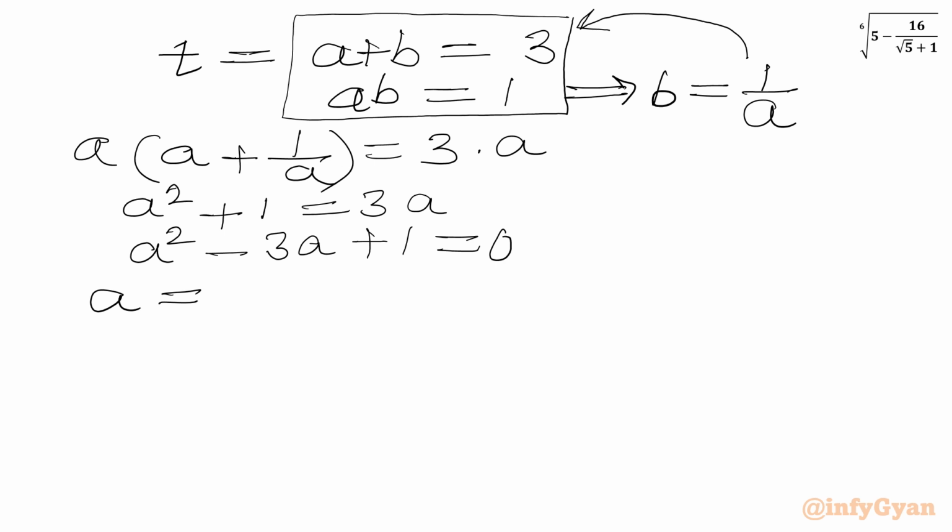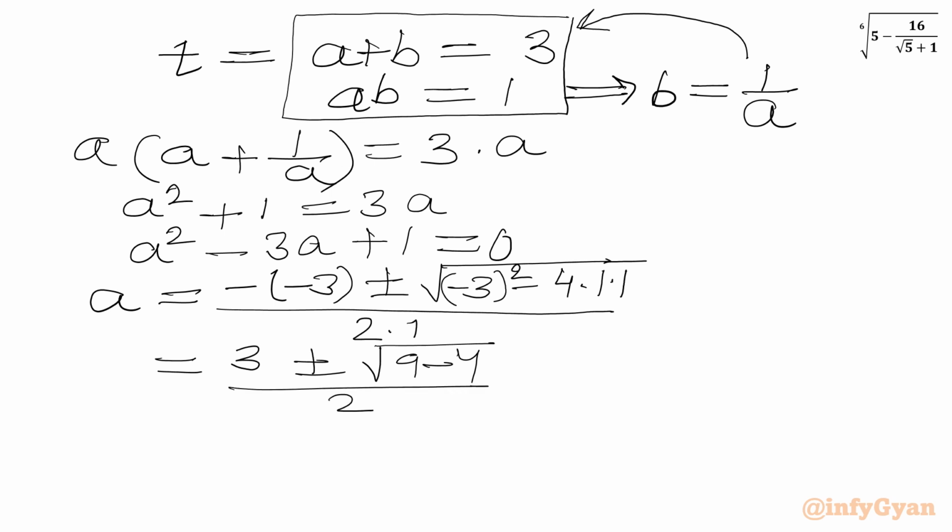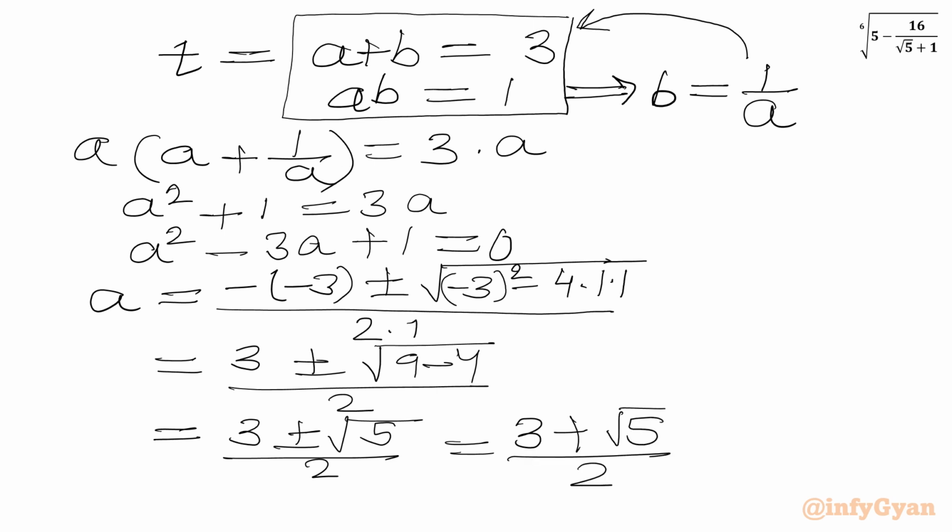So I can write a will be equal to minus b, so minus of minus 3 plus minus square root of b square, so minus 3 square minus 4 times 1 times 1, over 2 times a, where a is 1. So I will write 3 plus minus square root 9 minus 4 over 2. So 3 plus minus square root 5 over 2, or I can write 3 plus root 5 over 2, or 3 minus root 5 over 2.